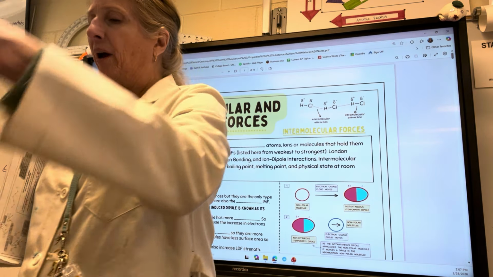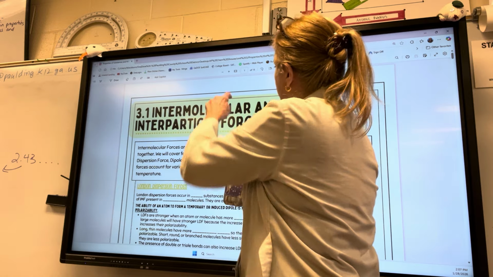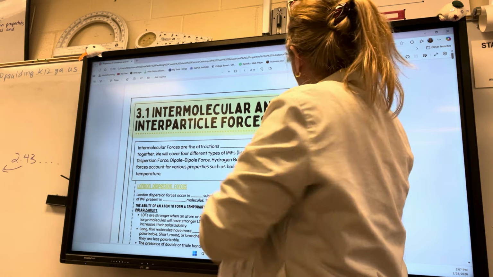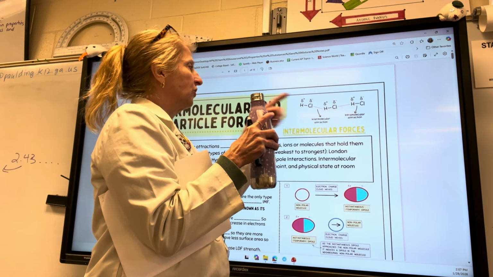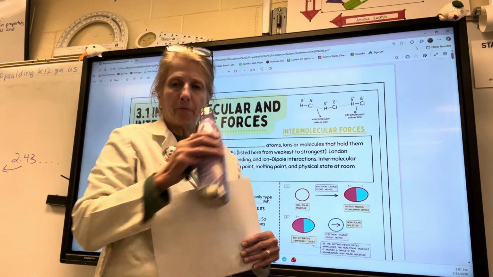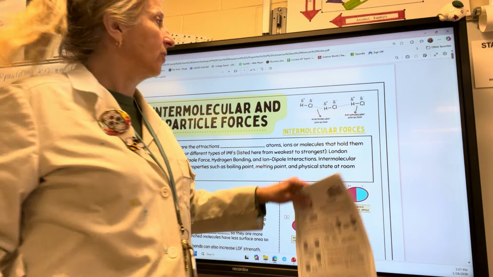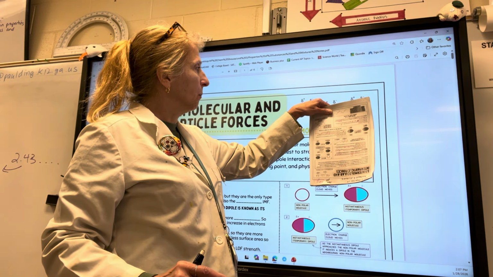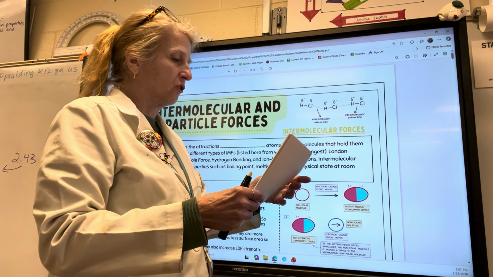So what we're going to talk about is these forces that are in between molecules. So you can see here hydrogen and chlorine being attracted to each other. As one is more electronegative, the other one's more positive, and opposites attract.